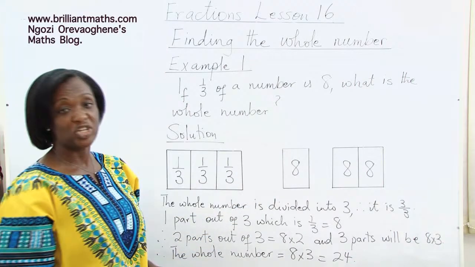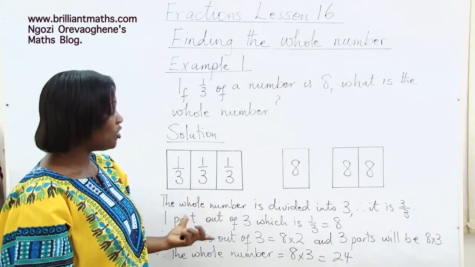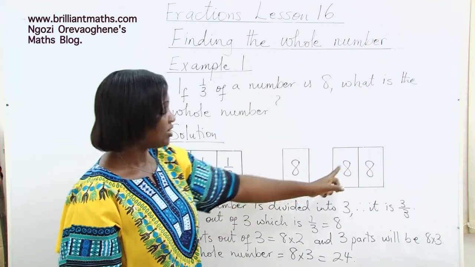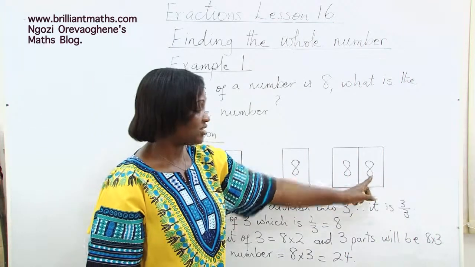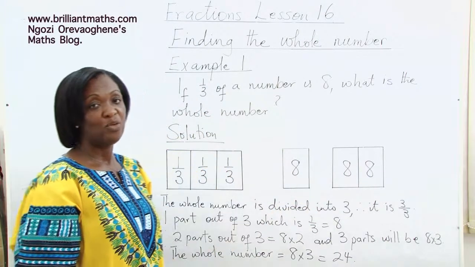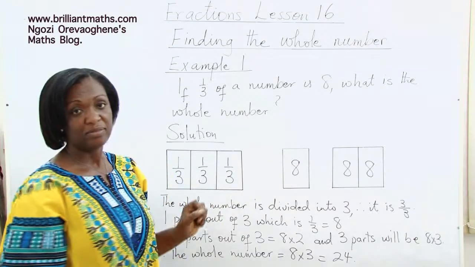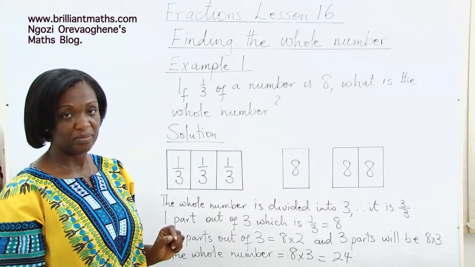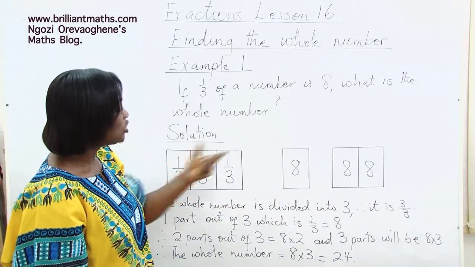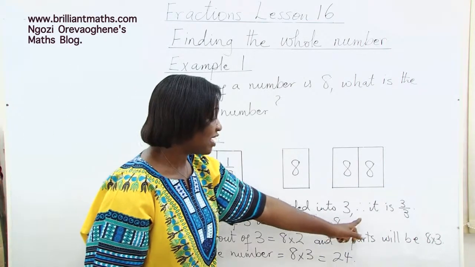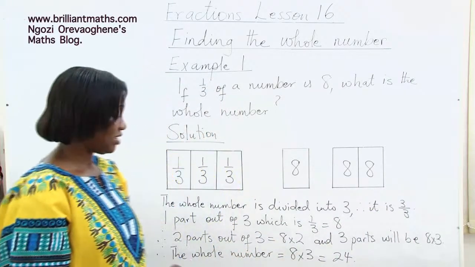From this illustration, we know that the whole number is 8 plus 8 plus 8, or 8 times 3, which is equal to 24. That is using a diagram to solve that problem. But assuming you don't draw, the whole number is divided into 3, therefore it is 3 out of 3.